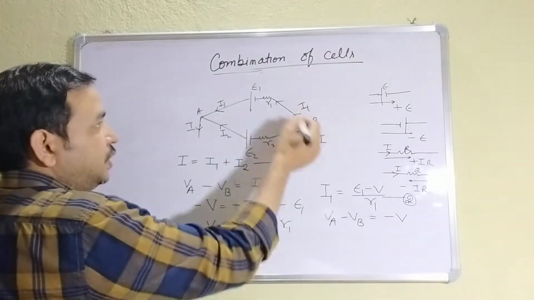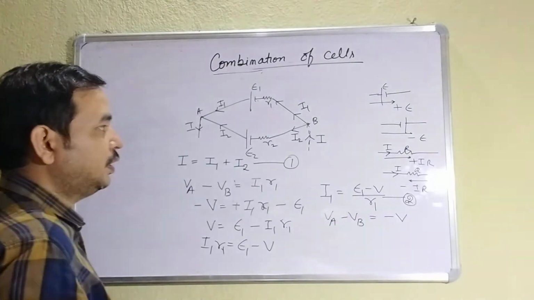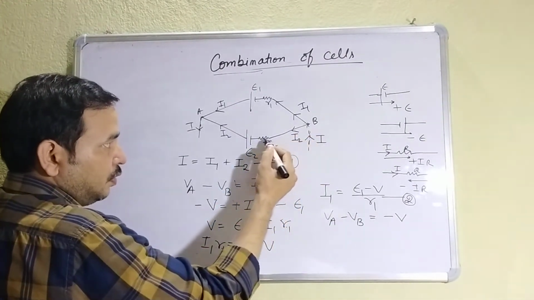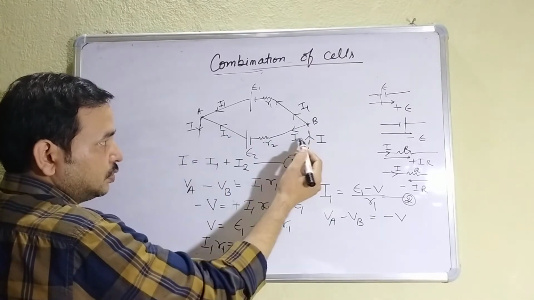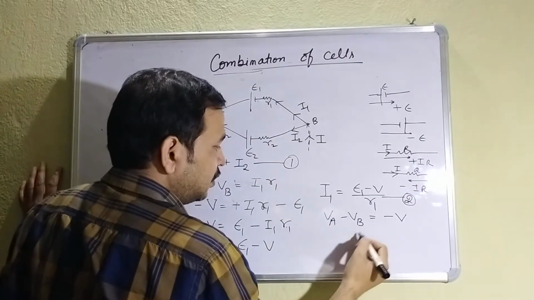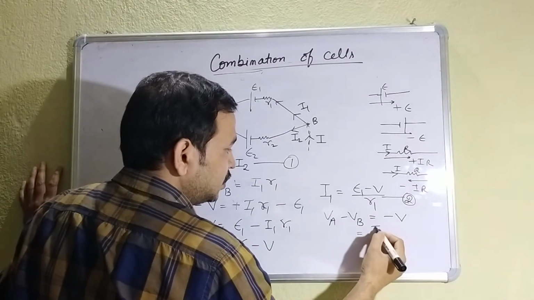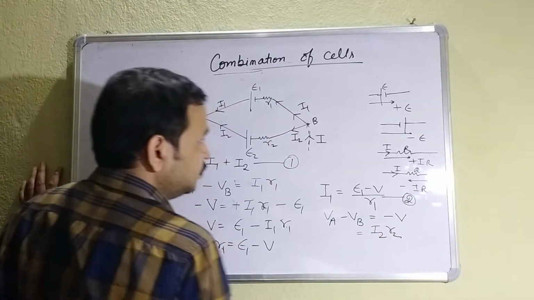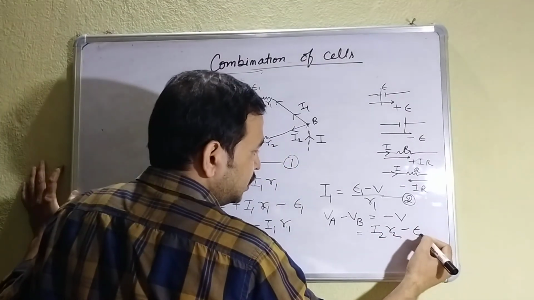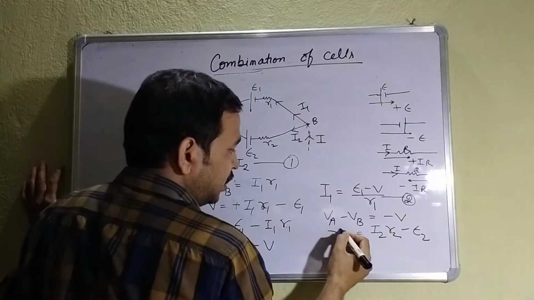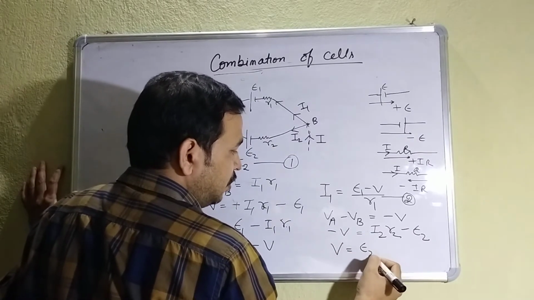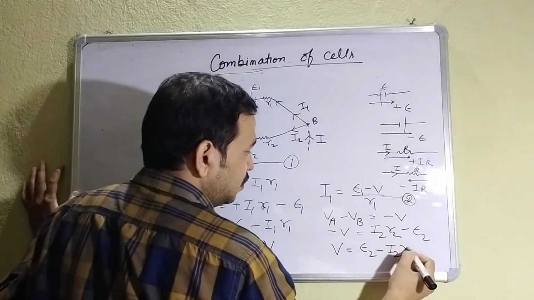And if you are going in this direction from those sides, both will get negative. Now, in this path, we are going in this direction, so I2 R2 in the direction of current is plus IR. EMF minus to plus, I have taken minus E2. This is minus V. So if you take common minus, it is E2 minus I2 R2.